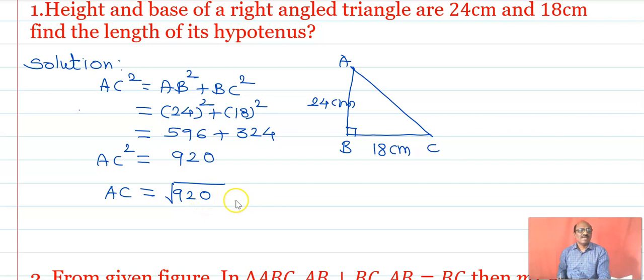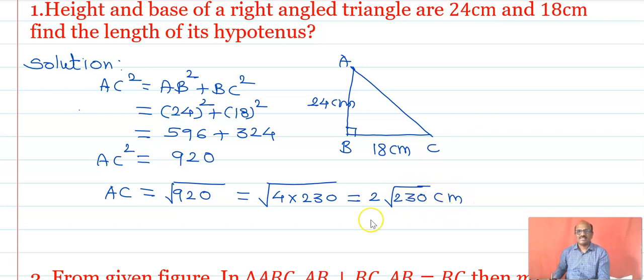Okay. And म्हणजे तुम्ही इथे असं पण करू शकताय. That is 4 into 230. Then its square root is 2 into root of 230. Okay. Keep this as it is.